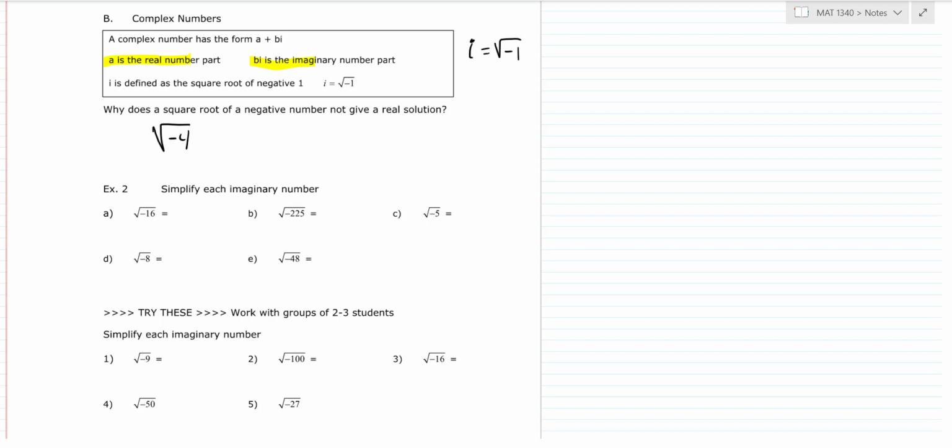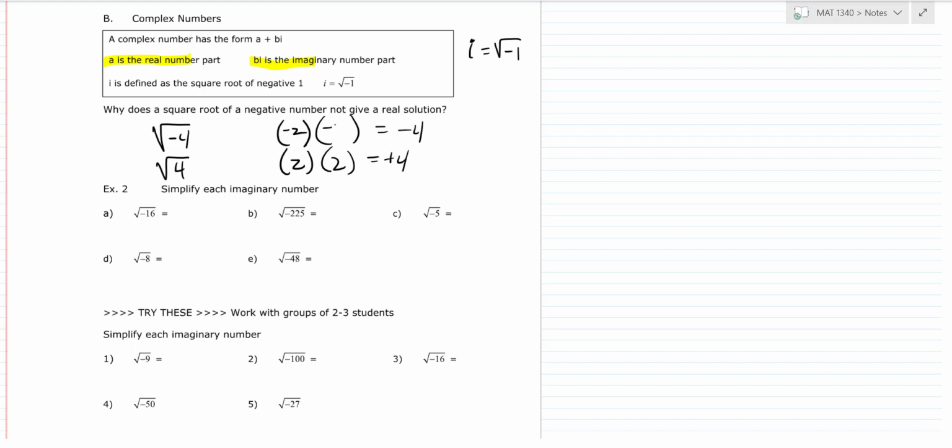Well, when we're doing a square root, we're always looking for the same number we multiply together that would give this result. So we know if we had the square root of 4, there's no problem with that. It's just 2 times itself is positive 4, so there's no problem. But when there's a negative number, it's impossible.